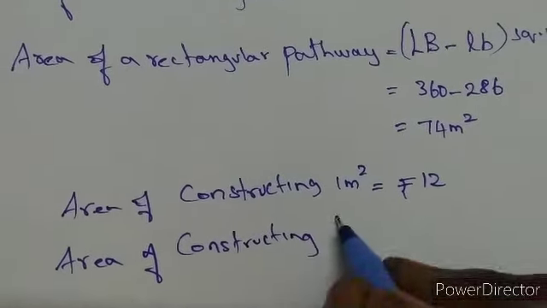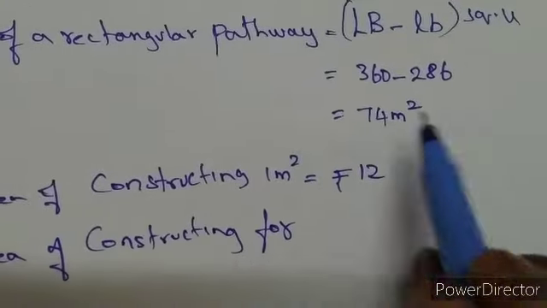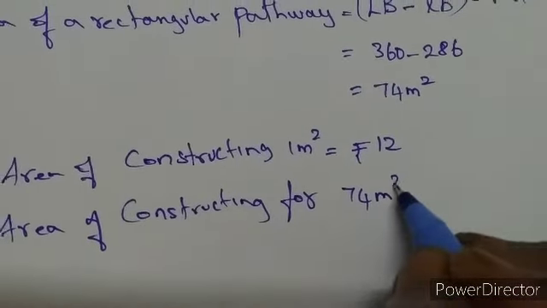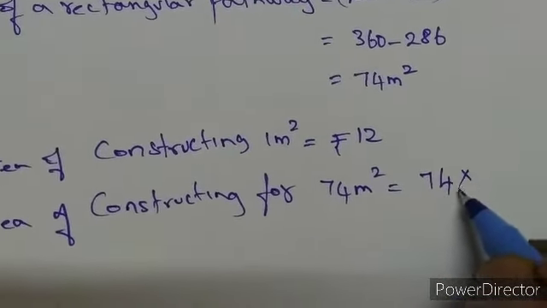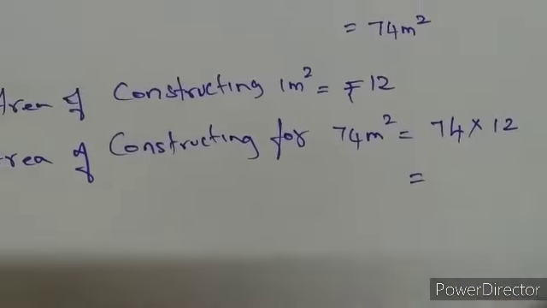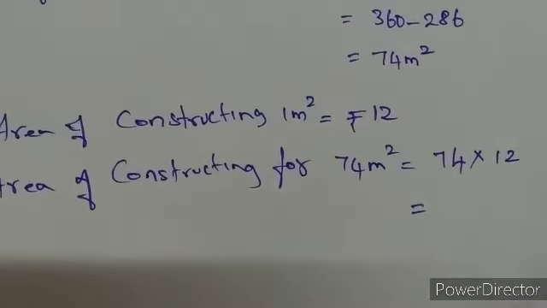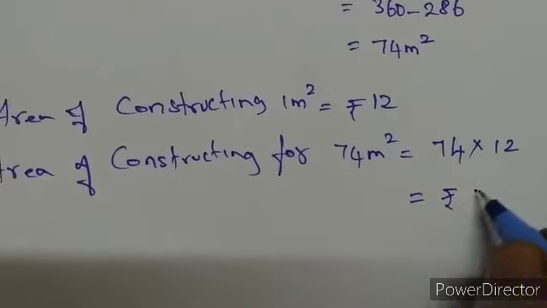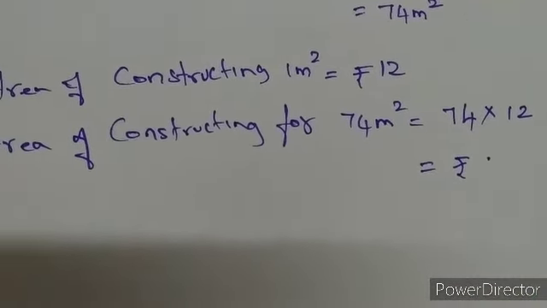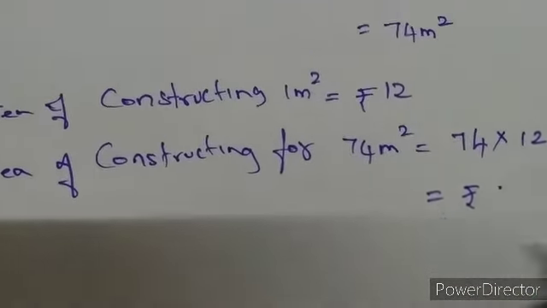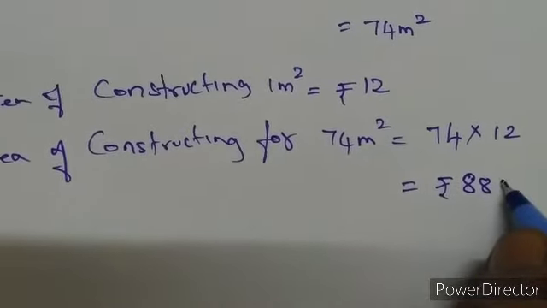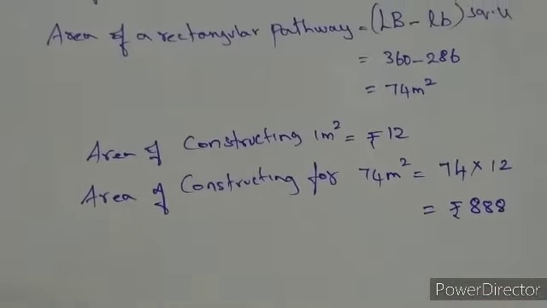The total area we found is 74 meters square, so it is 74 into 12. So the total cost we need to construct the canal is rupees 888. Is it clear, students?